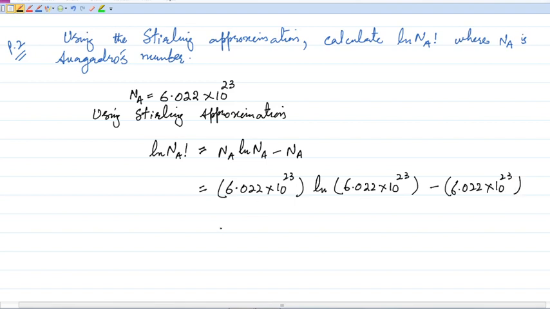So this comes out to be 3.238 into 10 raised to the power 25. Okay.